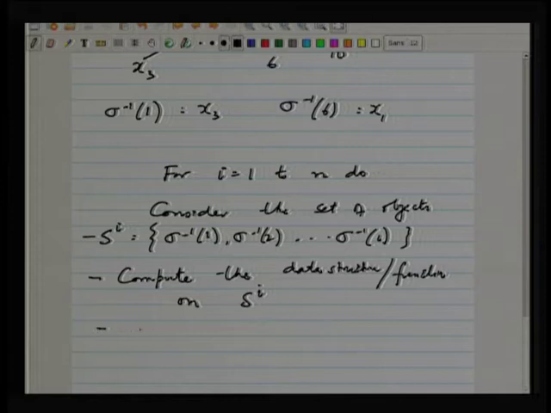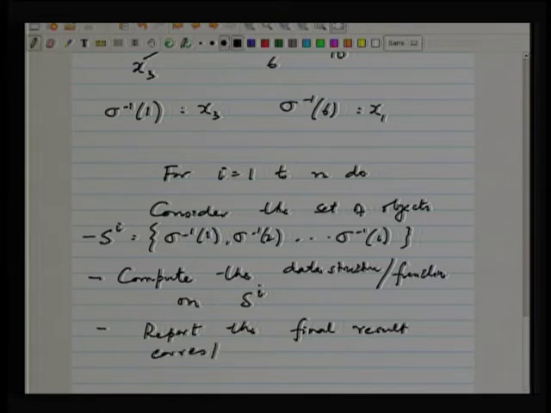And that is it. So, finally, report the final result corresponding to S sub n when you have considered all the objects. Okay.